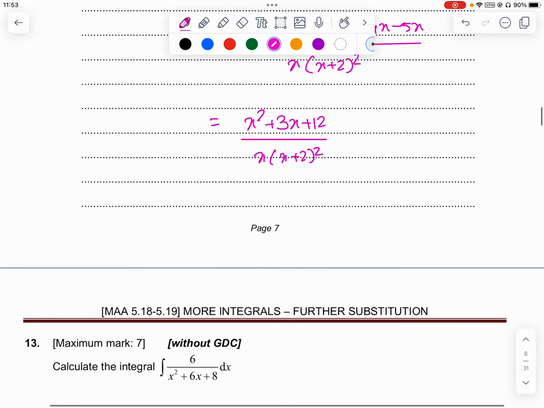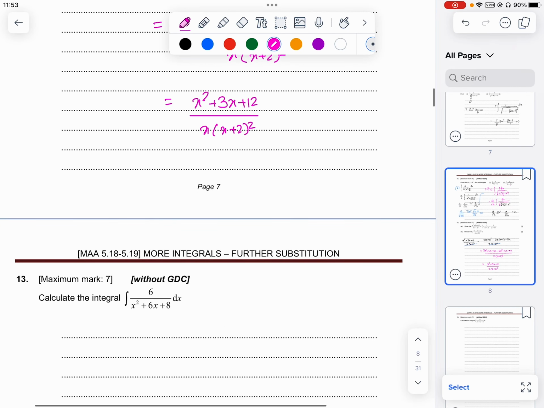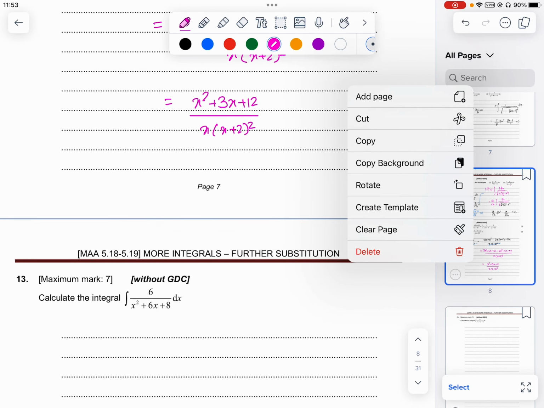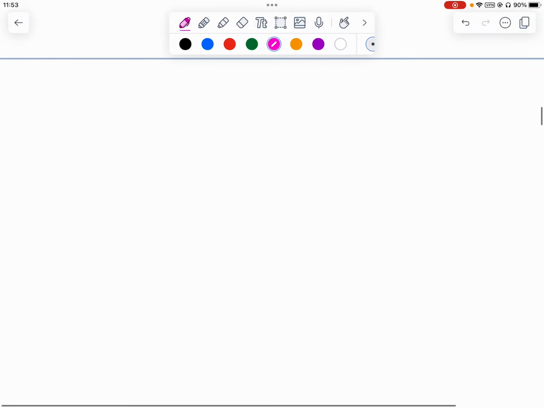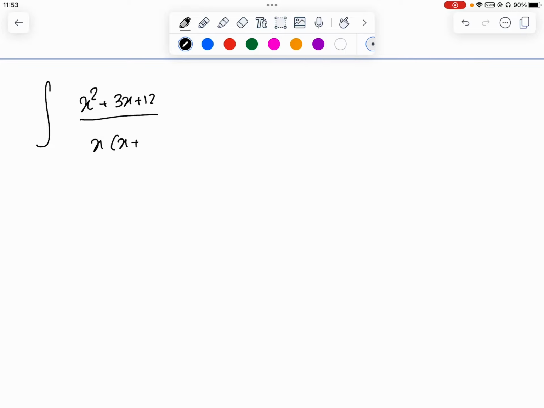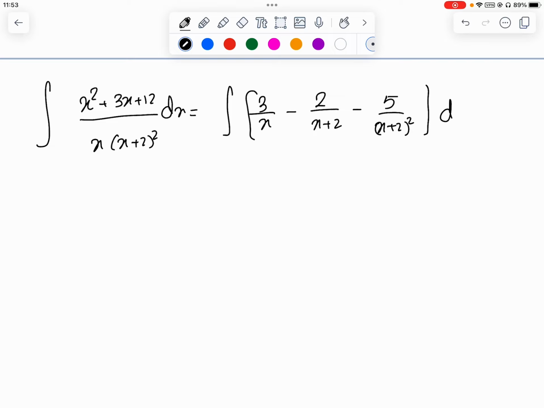Hence find the integral of this. Already the partial fractions have been done for us. So therefore I am doing the integral for that. For part 2, integral of x square plus 3x plus 12 divided by x times (x plus 2) whole square dx equals integral of 3 upon x minus 2 upon x plus 2 minus 5 upon (x plus 2) whole square dx.